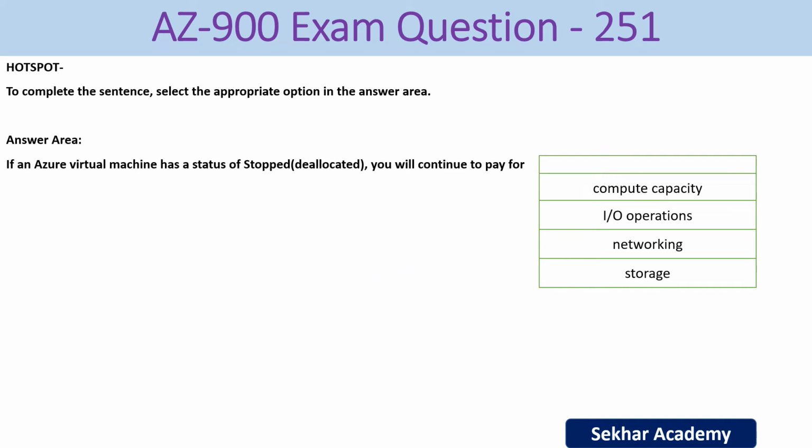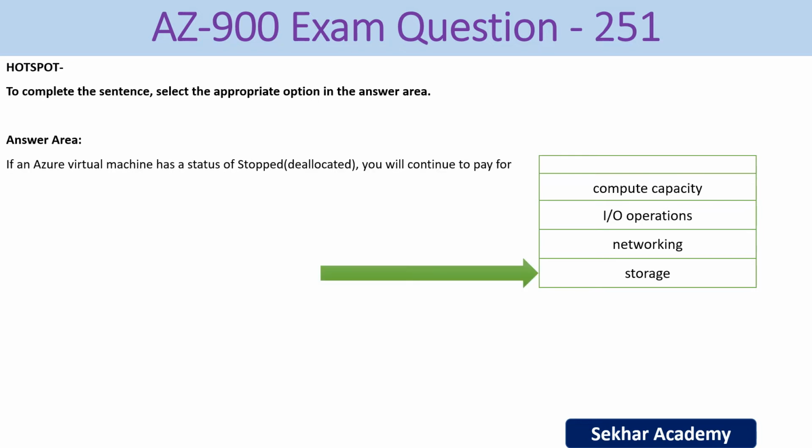Question number 251. The statement is: if an Azure virtual machine has a status of stopped or deallocated, you will continue to pay for compute capacity, IO operations, networking, or storage. The right answer is storage. Even if your virtual machine is stopped, you still have to pay for the storage.